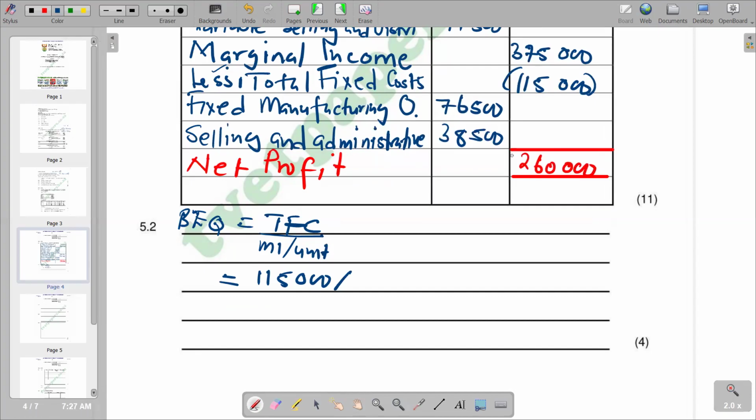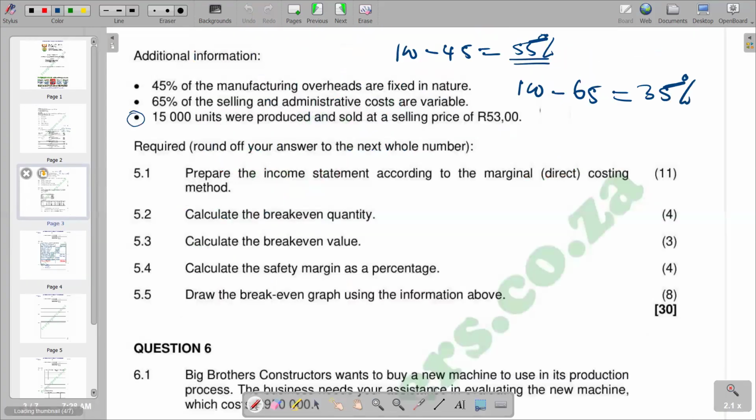375,000 is marginal income, which we are using here, and divided by the number of units so that we get the per unit. If you come here, you'd see that we are told that we have got 15,000 units produced, so we divide by 15,000.